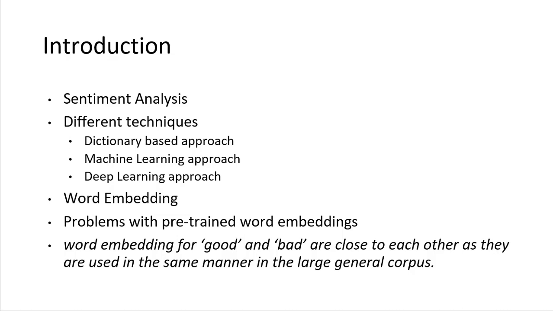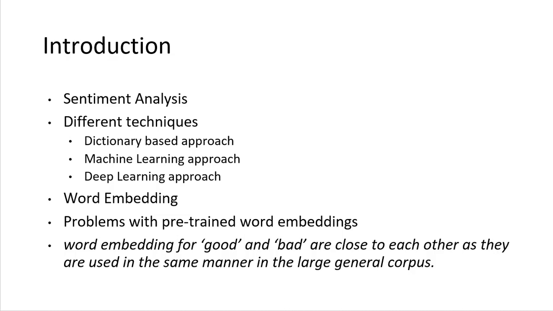Various deep learning models like convolutional neural network, recurrent neural network, gated recurrent units, and long short term memory can be used to identify whether a given piece of text is positive or negative. The beauty of this approach is that it will identify features on its own, unlike the machine learning approach.